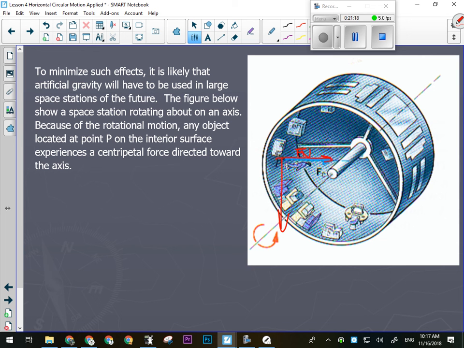So it's not real gravity, because that would require a big planetary body pulling on you. It's artificial gravity. It feels like gravity, but it's not. Okay? It has the same effects as gravity, but it's not real gravity. Okay? But it would be better than having zero gravity all the way there.